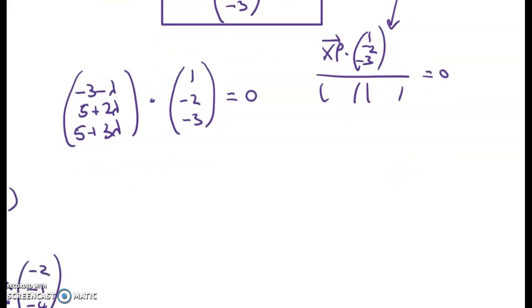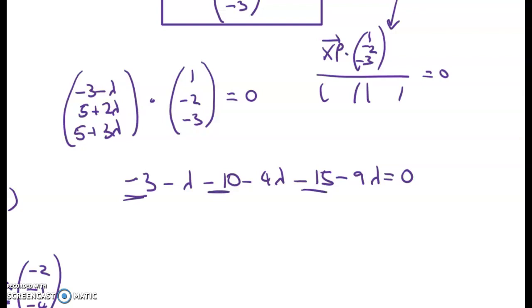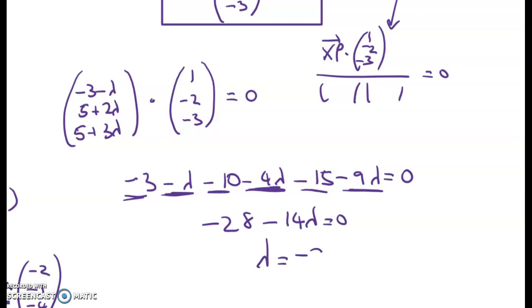Expanding all of this out gives me negative 3 minus lambda, minus 10 minus 4 lambda, minus 15 minus 9 lambda is equal to 0. That gives me negative 28 minus 14 lambda equals 0. So lambda has to equal negative 2.